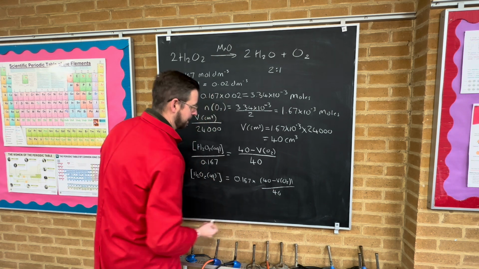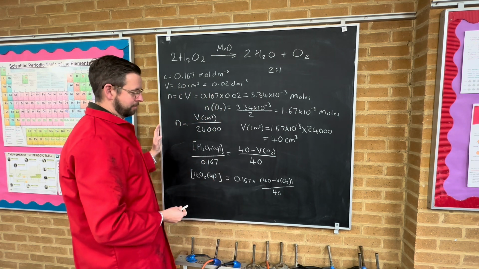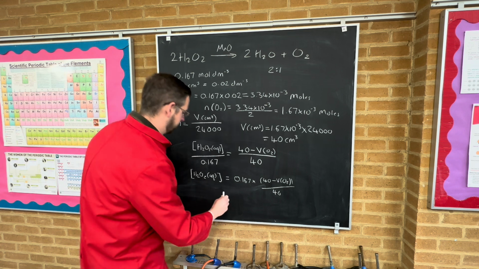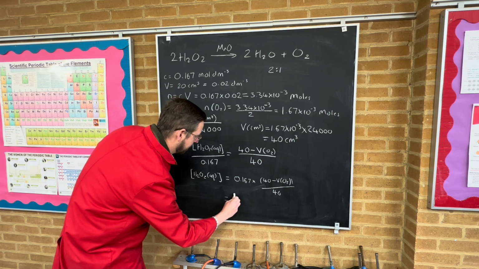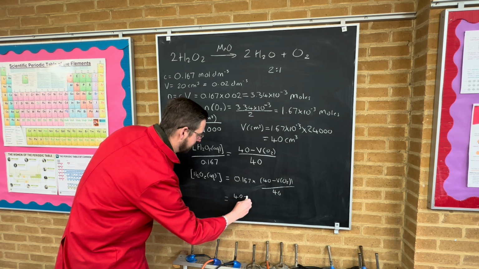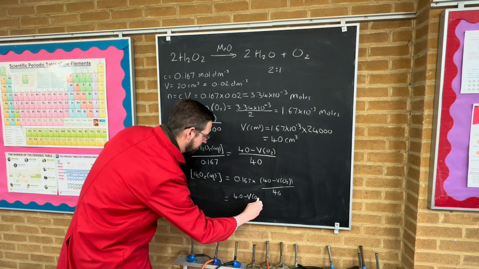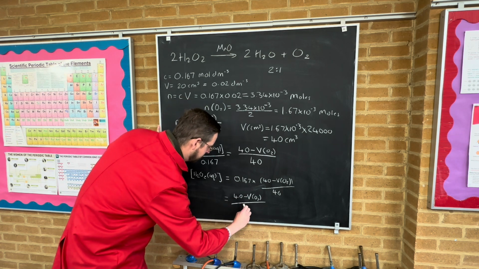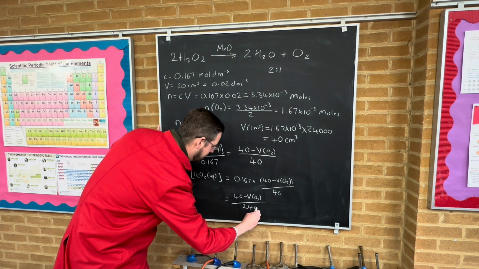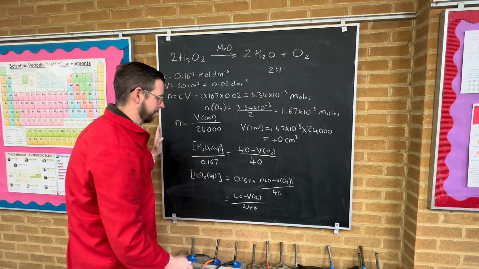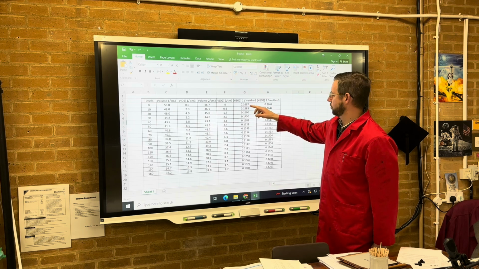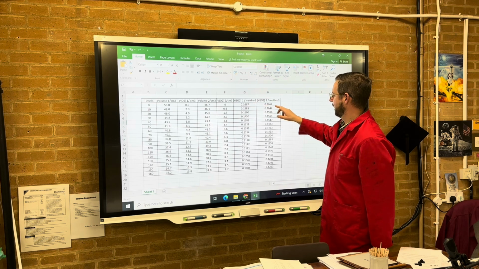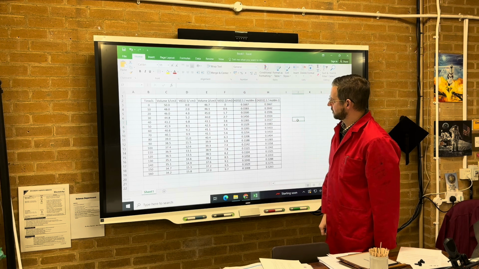So of course, what's going to happen is it's going to multiply the denominator line, and so we're going to have 40 minus the volume of the O2 divided by 240. So there's the initial concentration of the H2O2 in both of these two runs.